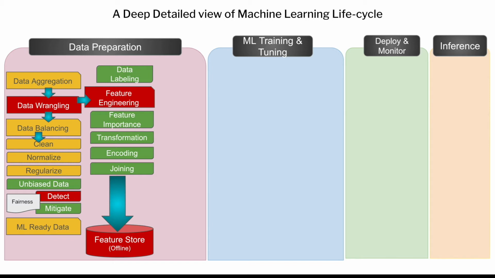And automated code can be added, so when this data, which is aggregated and ready for feature engineering, arrives, these automated processes can generate your features and store the featured data in the feature store.